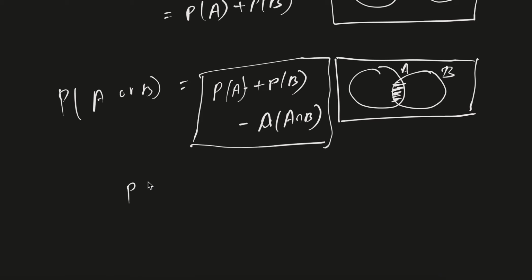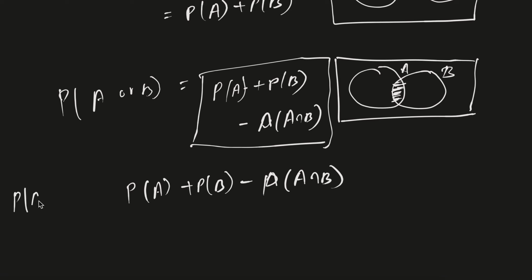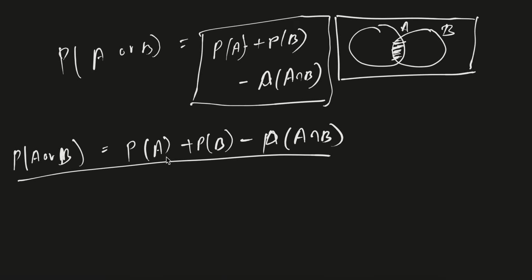So this is going to be probability of A plus the probability of B minus the probability of A and B occurring, because you've got to remove the redundant part, and this is the probability of A or B. This is our addition rule right here. Let's move on.